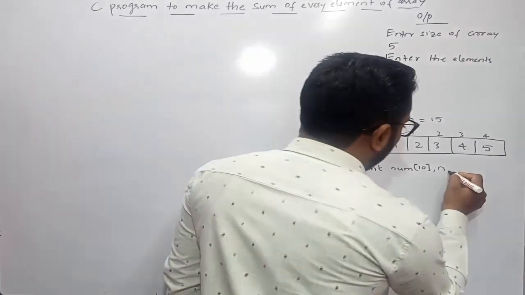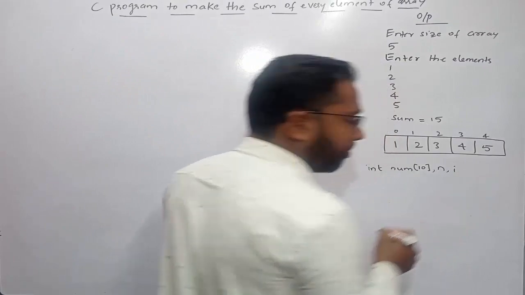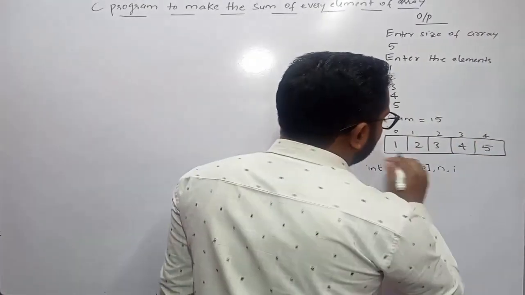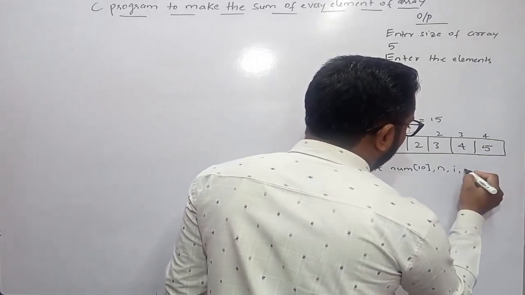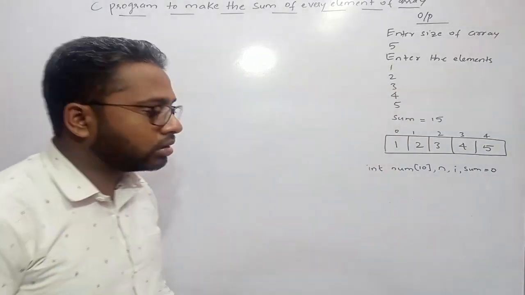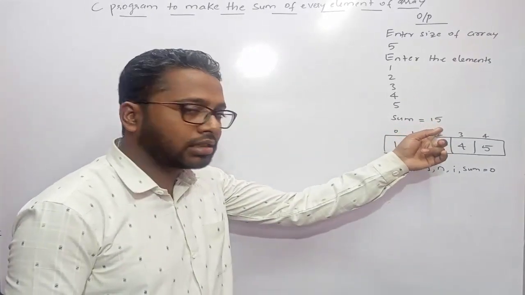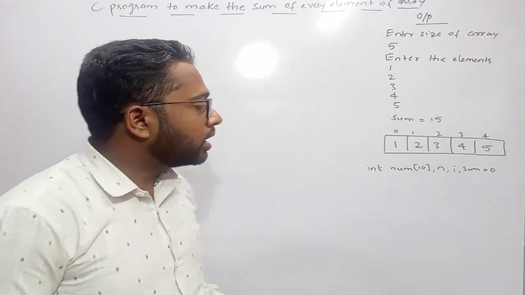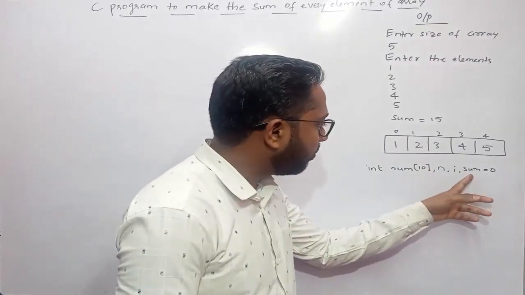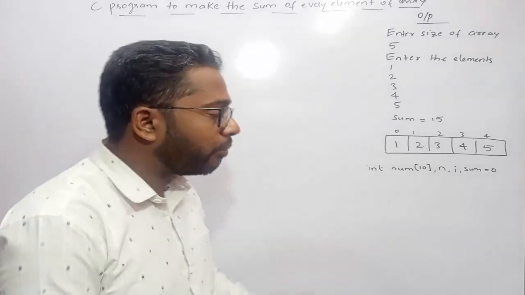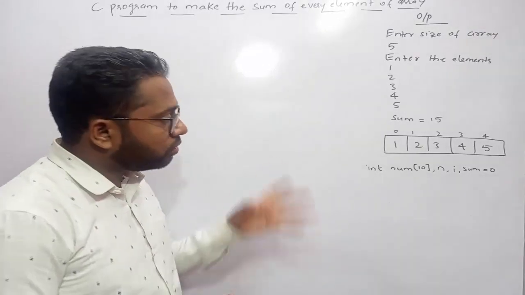Then we want one more variable i to iterate one by one over each and every location. Then we also want one more variable, sum, because we need to finally calculate the sum and store it inside the variable sum. I have initialized the sum variable to 0.